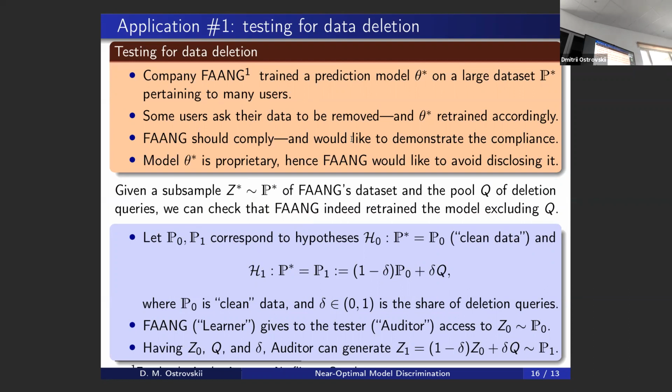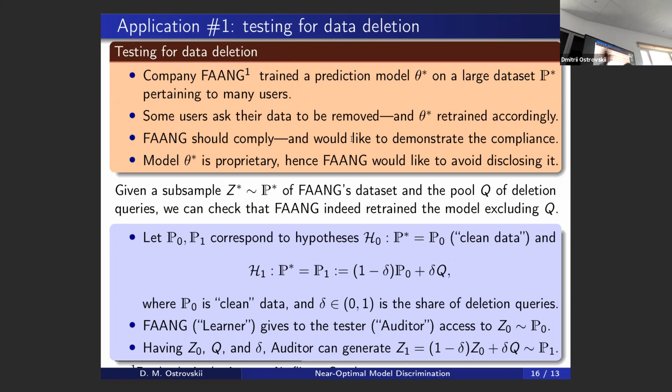Now, there is this legislation, right, recently, that guarantees that if you are asked to delete your data from a company, the company should do it. And the trained model shouldn't be using this data anymore. So ideally, they should be retraining their model, or have some methods allowing to adaptively exclude the data.